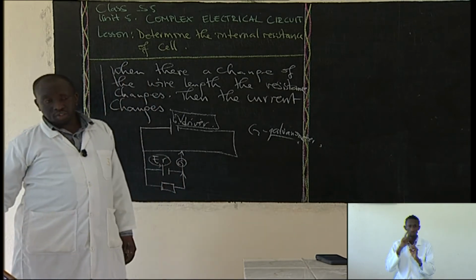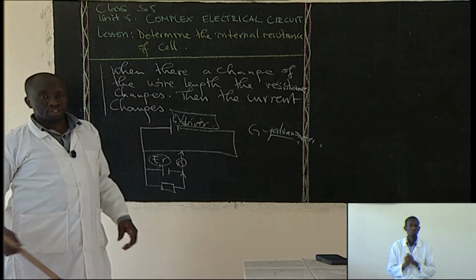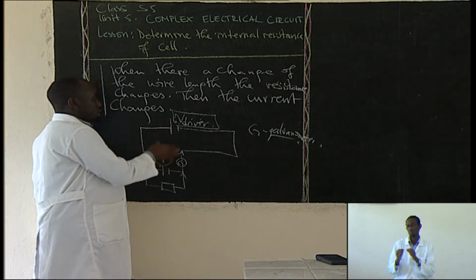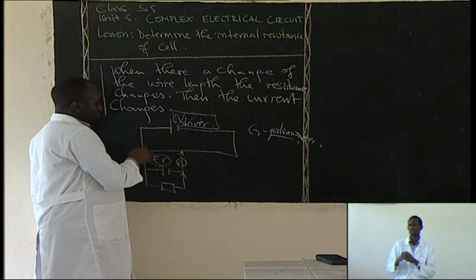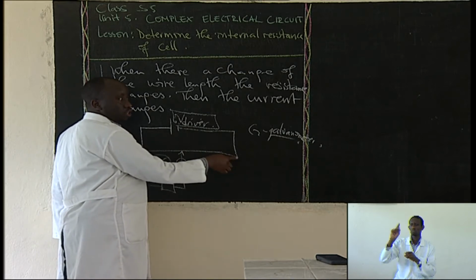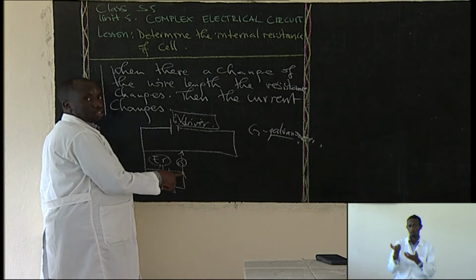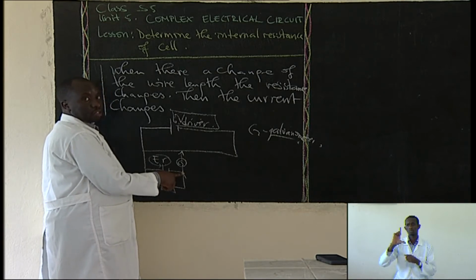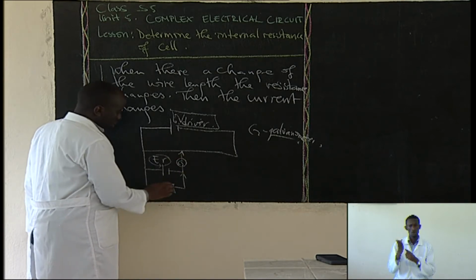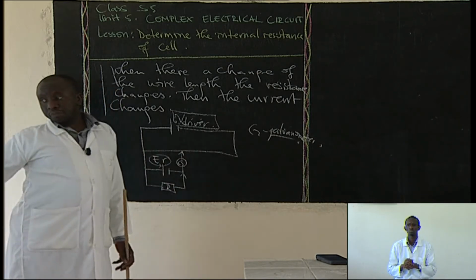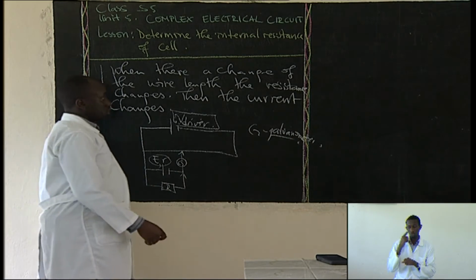I was trying to give you this explanation of the diagram. First of all, you have the connection of the terminals of the battery to the wire of the potentiometer, right? And then we have the cell, that is the cell that we want to find the internal resistance of. And we have the resistance. This is the resistance that is going to help us to find this internal resistance of a cell.